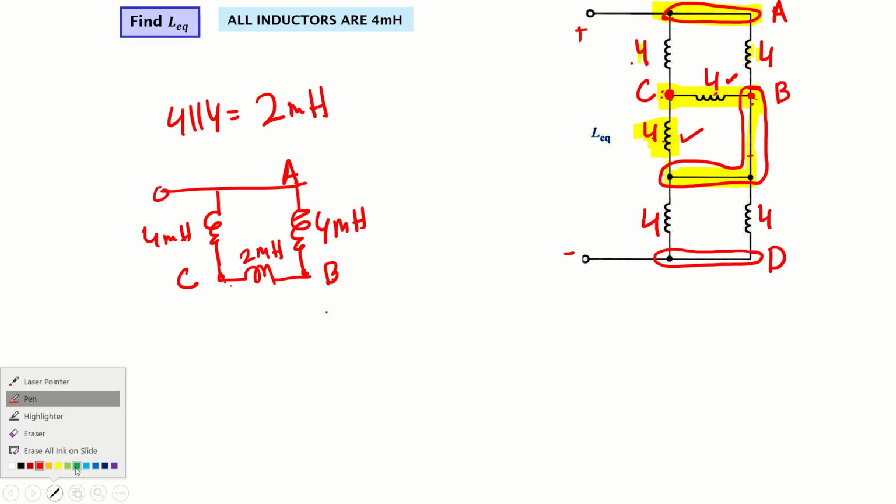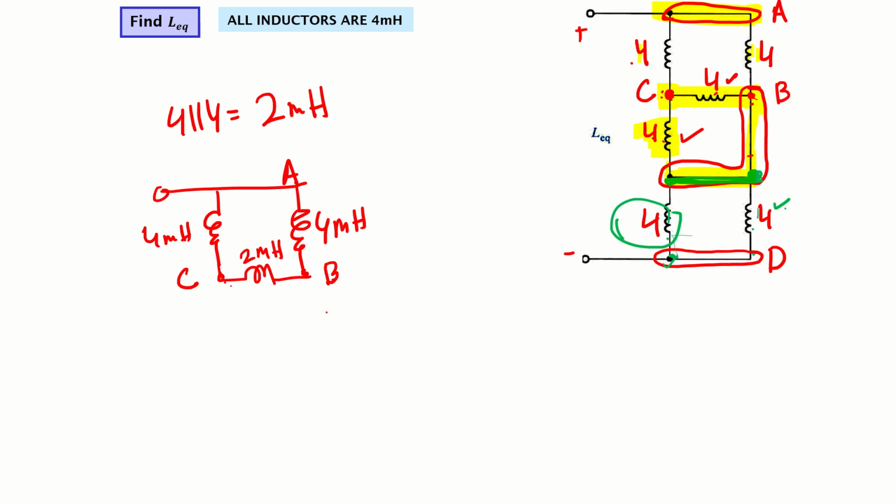At the same point, we can notice that there is an inductor of 4 connected between B and D, this one. Also this one is connected at B, because it is the same node, and D. So this one and this one are also in parallel. So 4 and 4 in parallel again will give me 2.